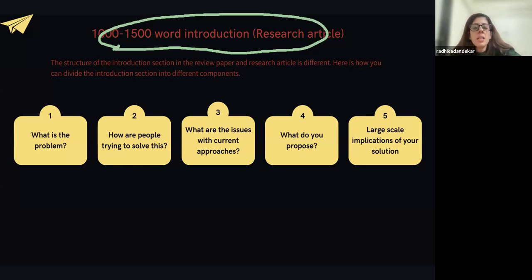The third point deals with the current issues with the current approaches. This is where you start to really deep dive into what new you have done. You're slowly getting there. The fourth point is the most important: what do you propose, and the fifth point is the large scale implications of your solution.